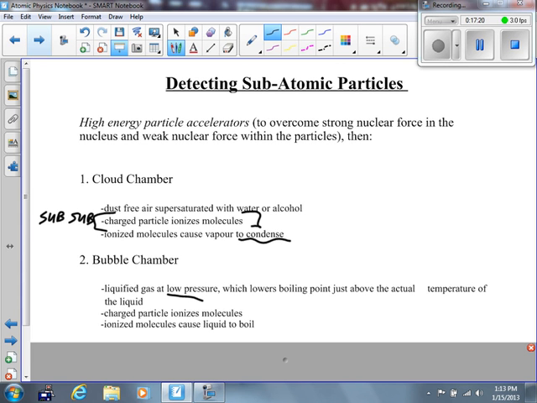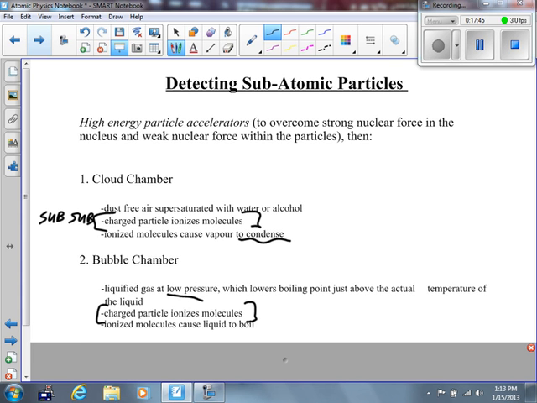When these charged particles, these particles that make up the proton, go into this bubble chamber, then they ionize molecules again, just like in the cloud chamber. But this time, instead of the ionized molecules causing the vapor to condense into a liquid, they cause the liquid to turn into a vapor. They cause the liquid to boil.